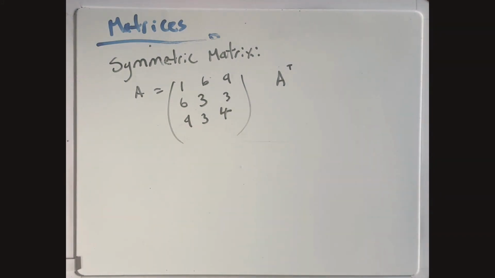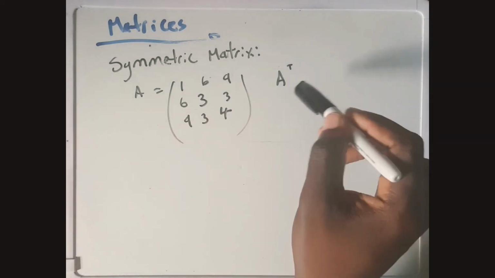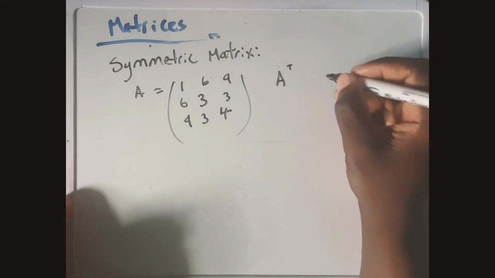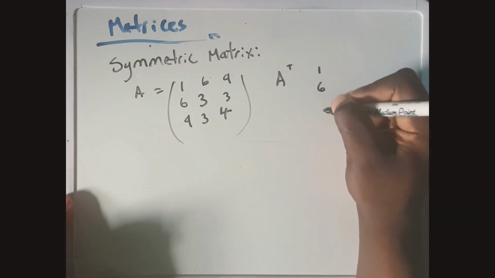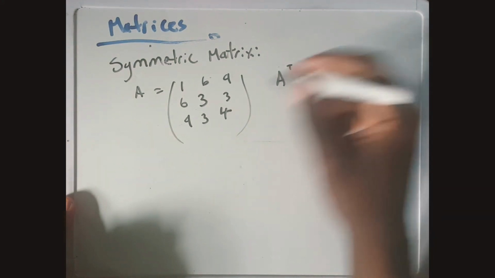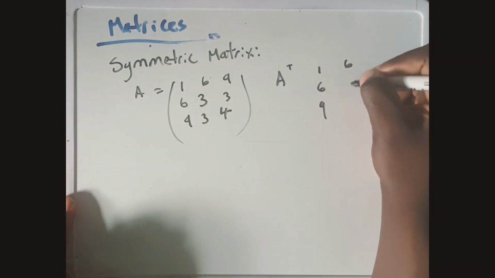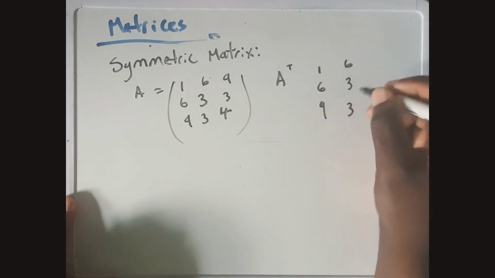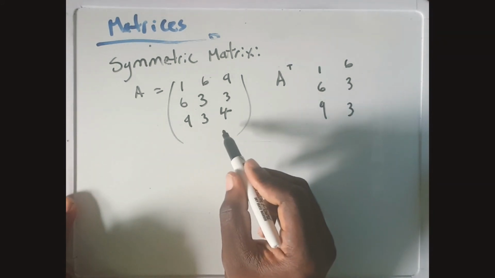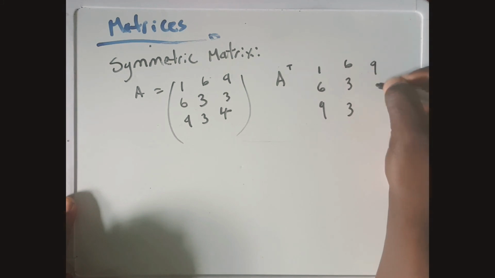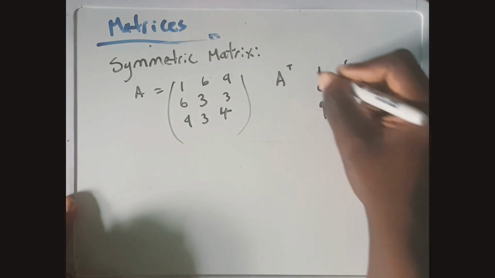When you transpose a matrix, you change the rows to the columns. So I'd write my first row as my first column: 1, 6, 9. Then my second row as my second column: 6, 3, 3. Then my last row as my last column: 9, 3, 4.